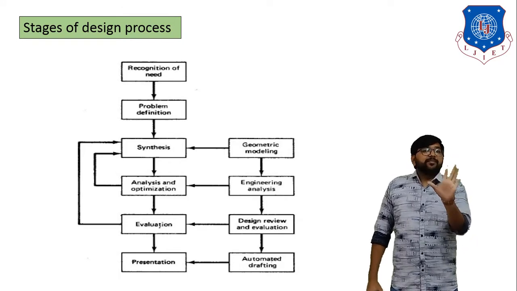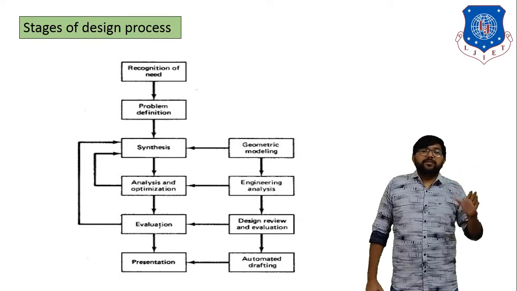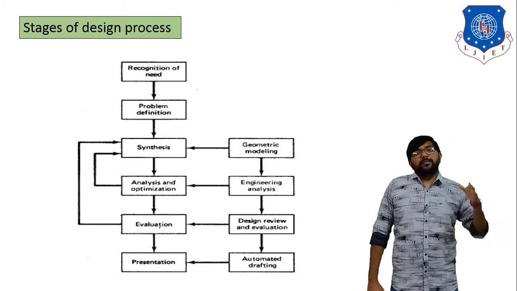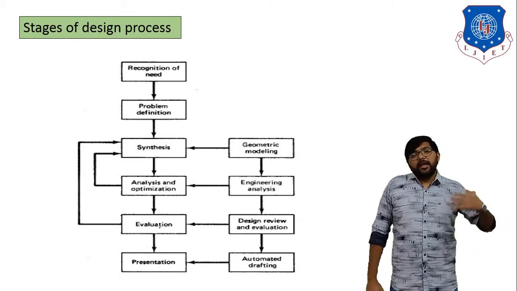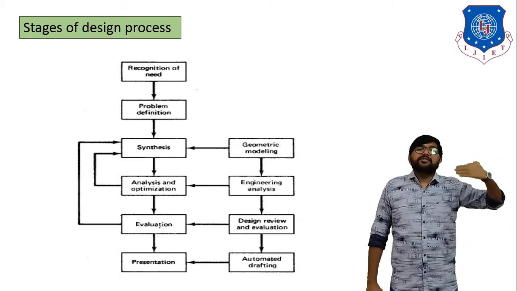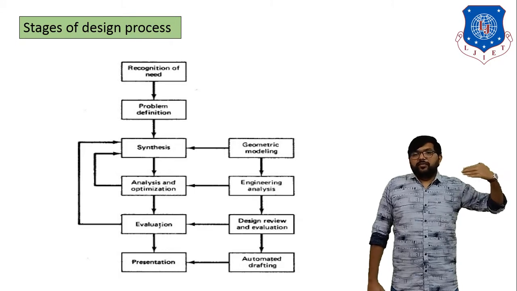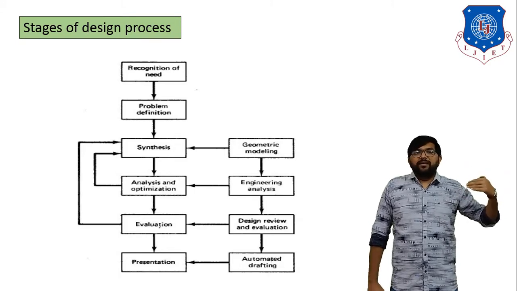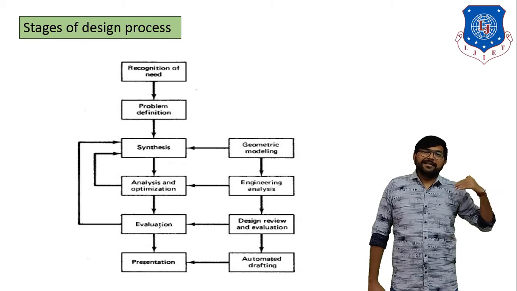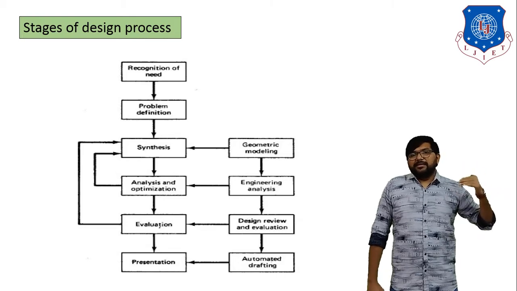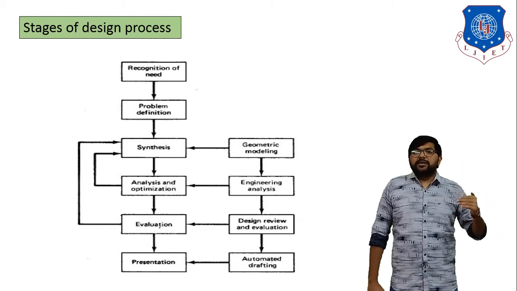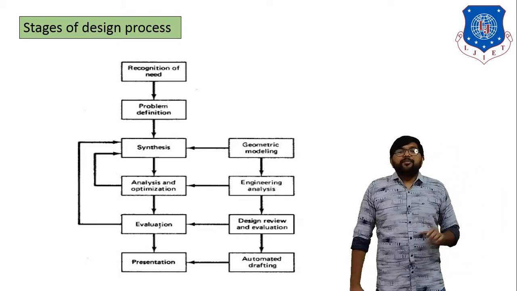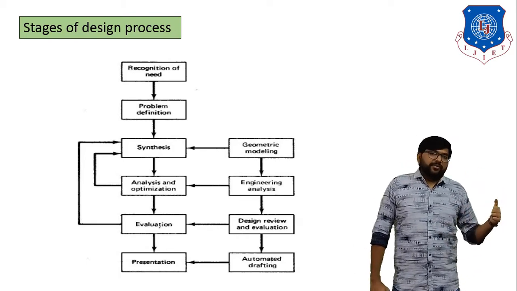So these are the simple steps of the design process: recognition of need, second problem definition, third synthesis, after that analysis, then evaluation, and last presentation. These are the simple stages of the design process.